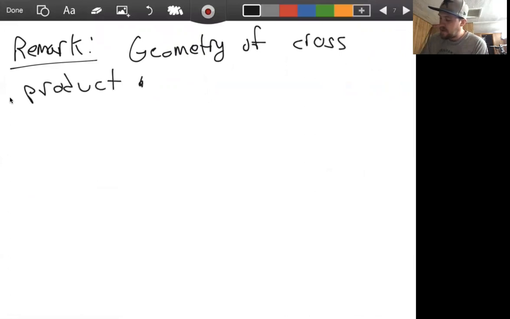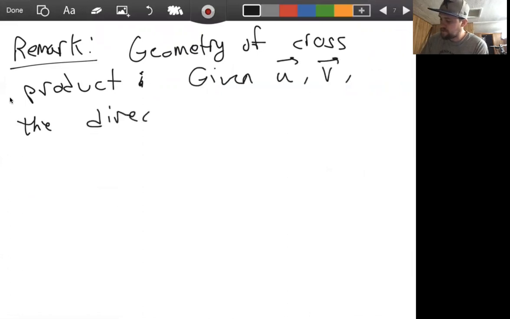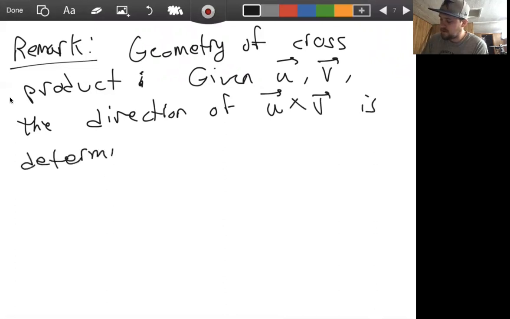Okay. The direction, so given vectors u and v, the direction of the cross product is determined by the right-hand rule.